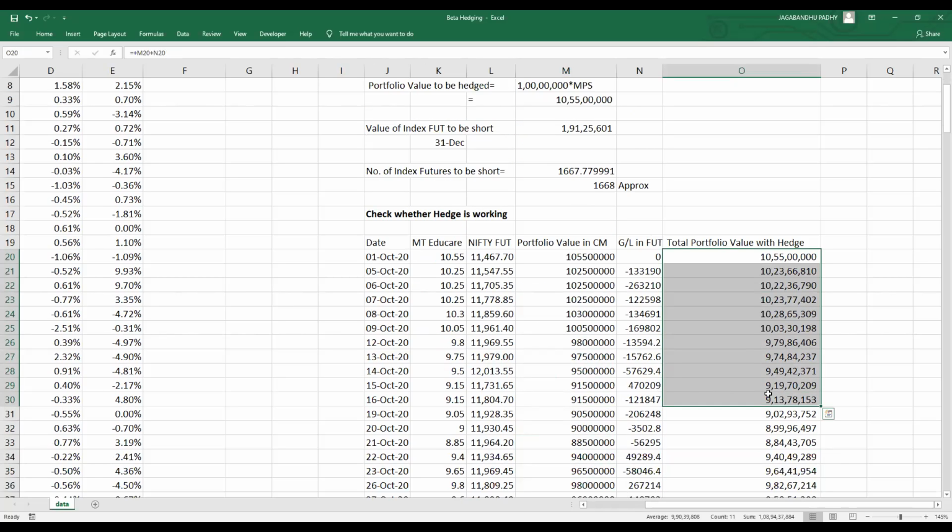With a hedge, as I told you, the value of your portfolio should be approximately the same. It shouldn't fluctuate much. But it is not working.